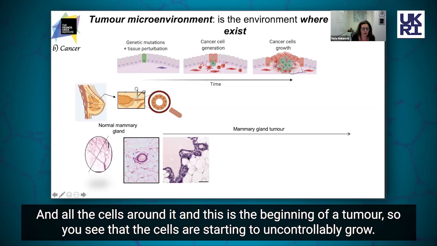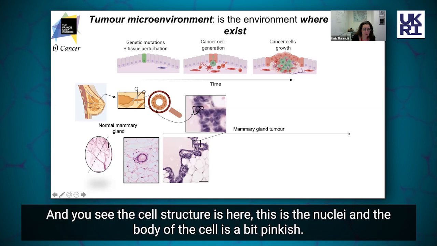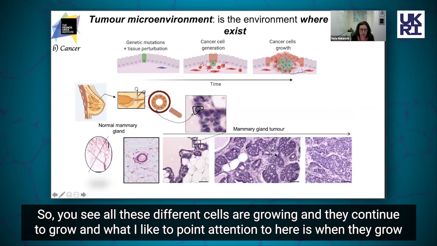So you see that the cells are starting to uncontrollably grow. And if we look at the bigger magnification, you can actually see all the different cells which are growing. You see the cell structure here. These are the nuclei, and the body of the cell is a bit pinkish. All these different cells are growing, and they continue to grow.